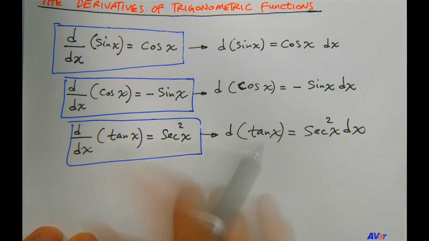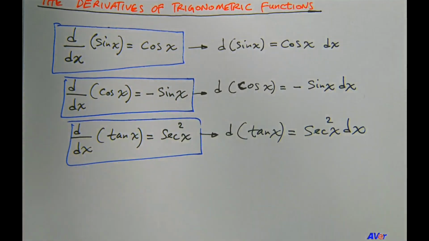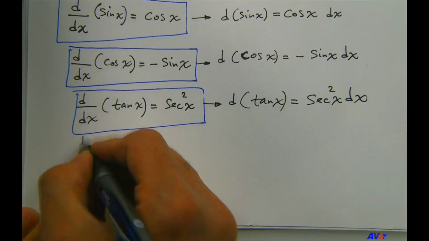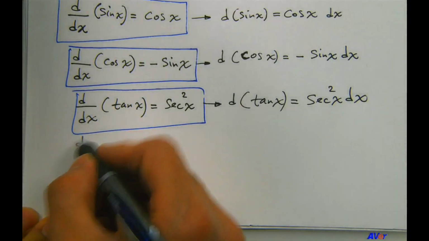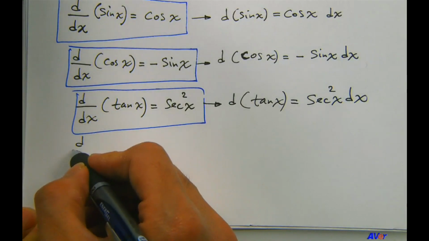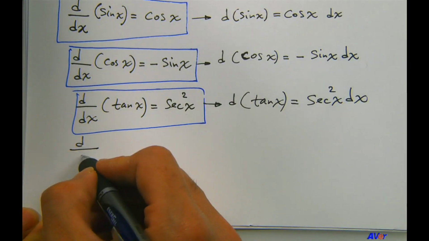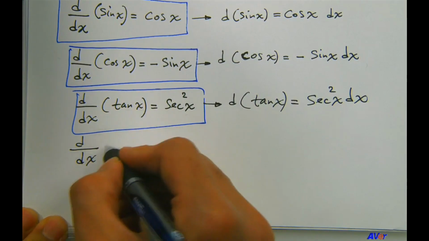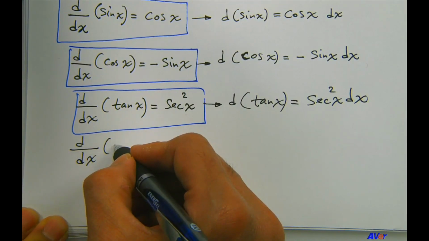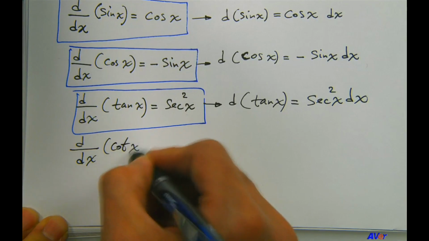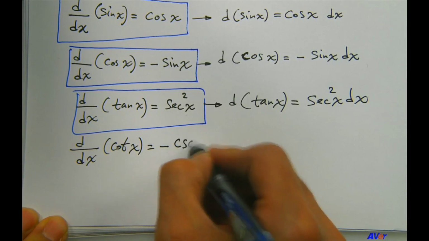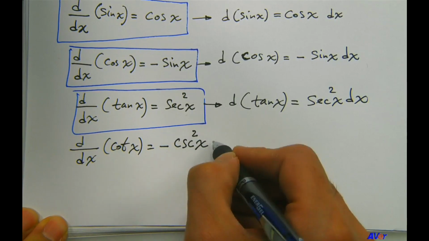Again, multiplying both sides by dx in this case. And for other derivatives of trigonometric functions, suppose we want to take the derivative of cotangent of x. Since we took the derivative of the tangent, let's also show the derivative of the cotangent function. That is, of course, equal to minus cosecant squared of x.